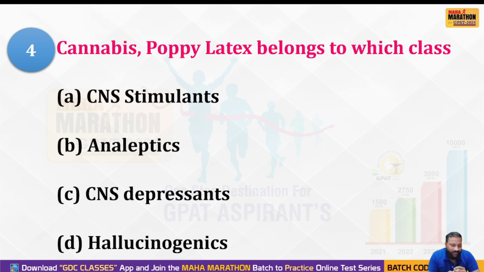And the fourth one: the cannabis and poppy latex belong to which class? Option A is CNS stimulants, B analeptics, C CNS depressants, D hallucinogens.